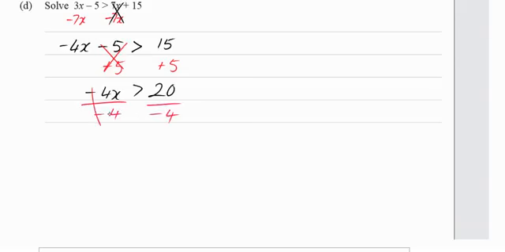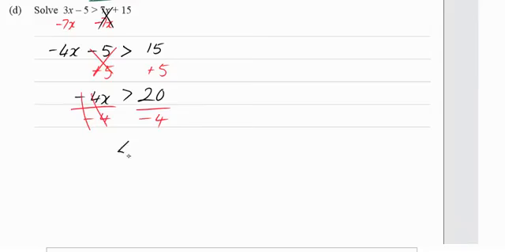So our negatives cancel out on this side and our 4's cancel out. And there's only one rule when dividing by a negative number with an inequality, and that's that this inequality must swap around the other way. So I'm going to write that in the other way, and we're left with x on that side, and 20 divided by 4 is 5, so 20 divided by negative 4 is negative 5, and that's our final answer for that question.